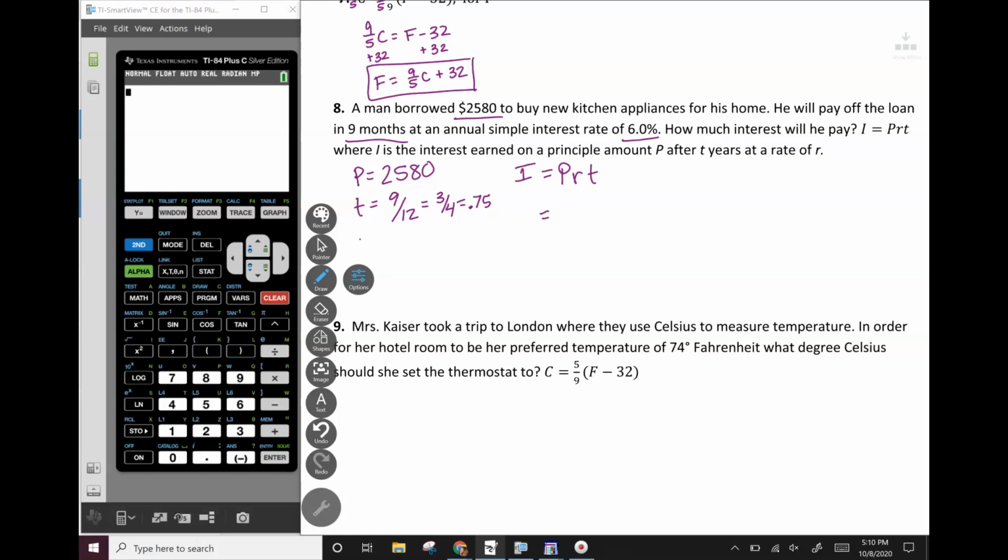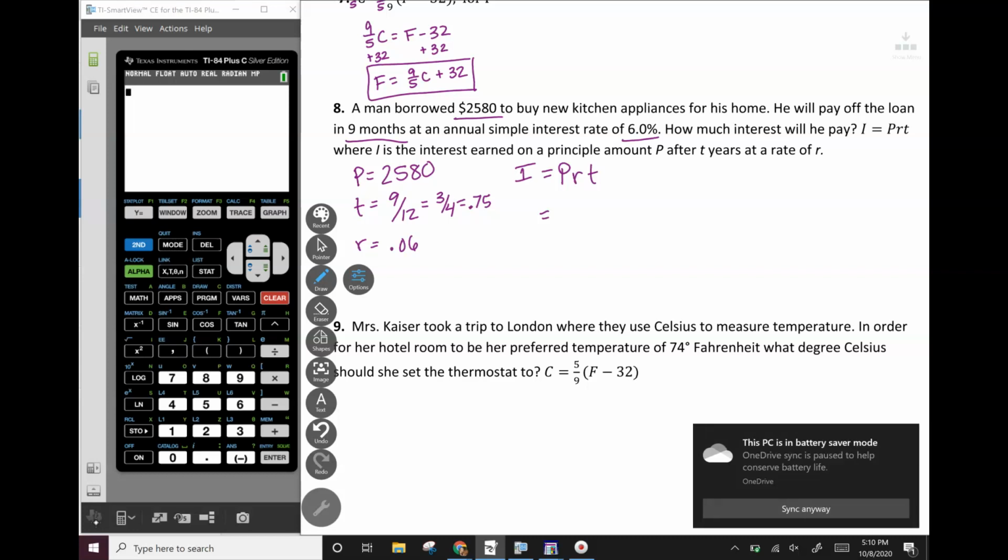Okay, and then we've got to get the R. So they told us the interest rate was 6%. However, you're going to put that as 0.06. Right? 6% really means 6 out of 100, 6 over 100, which is 0.06.